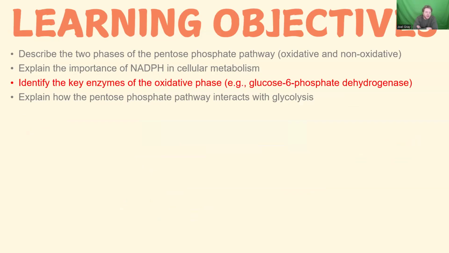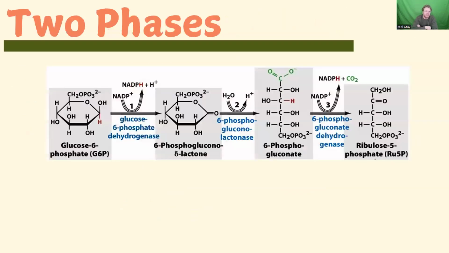Okay, then what I wanted you to understand was I want you to know the key enzymes of the oxidative phase. Now, the key enzymes of the oxidative phase are the two steps, number 1 and number 3, that are responsible for producing NADPH. So those steps are glucose 6-phosphate dehydrogenase.